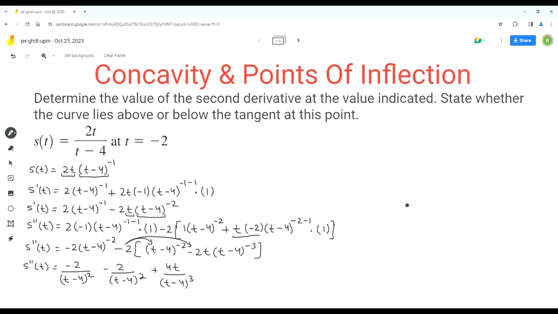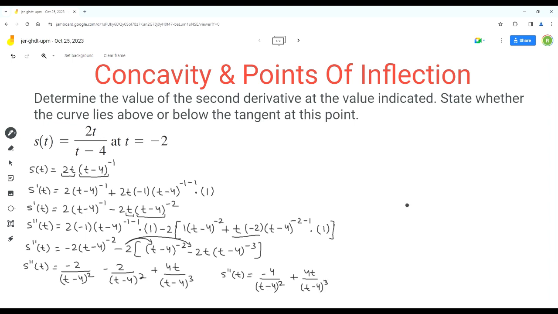Now we can simplify this expression by adding the first two fractions because they have the same denominator. So we get the second derivative of s at t equals, -2 minus 2 is equal to -4 over (t minus 4) squared, and then plus 4t over (t minus 4) cubed.